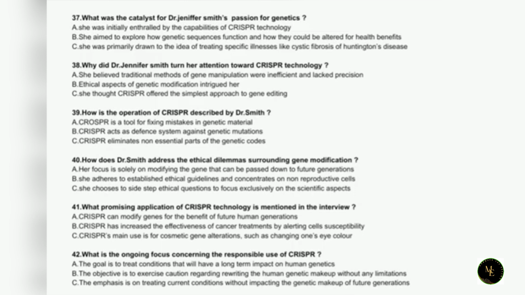There's ongoing debate and discussion within the scientific and ethical communities about the appropriate uses of CRISPR. A global moratorium on editing germline cells, which are cells that could pass edits to future generations, has been widely supported. The focus right now is on treating diseases and conditions in a way that won't affect future generations.